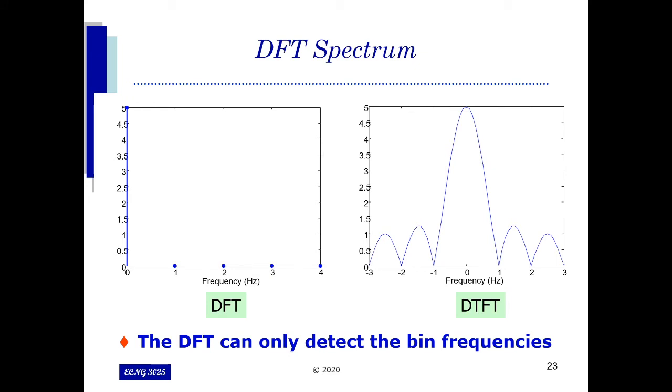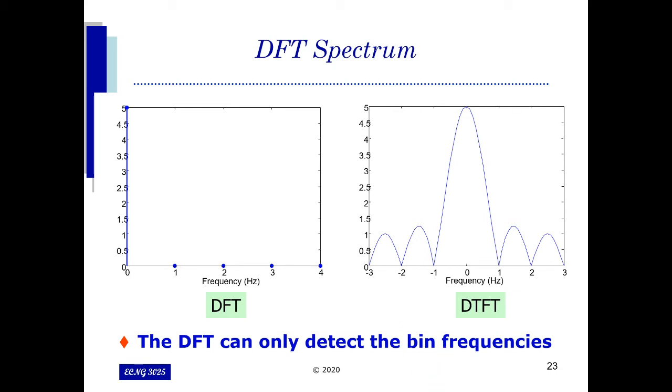So what we observe here in particular is that when we did the DTFT in the previous lecture, we were able to obtain the nice shape of the graph. But the DFT, because it's discretized, only tells us the magnitudes at each one of these bin frequencies. It can't give us the shape of the graph.